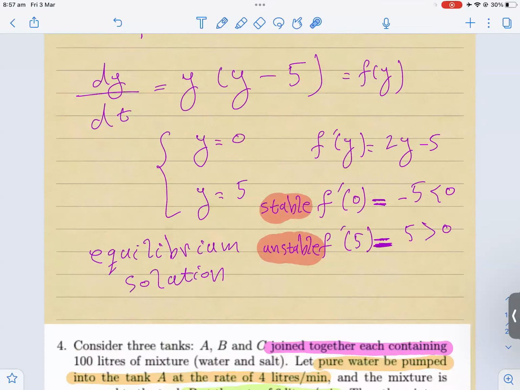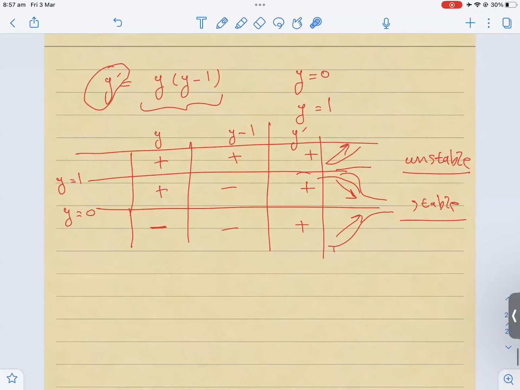This is one way, and this is another way to say which one is unstable and which one is stable. Stable is important. Why? Because all the solutions, as time goes on, are going to approach the stable solutions.